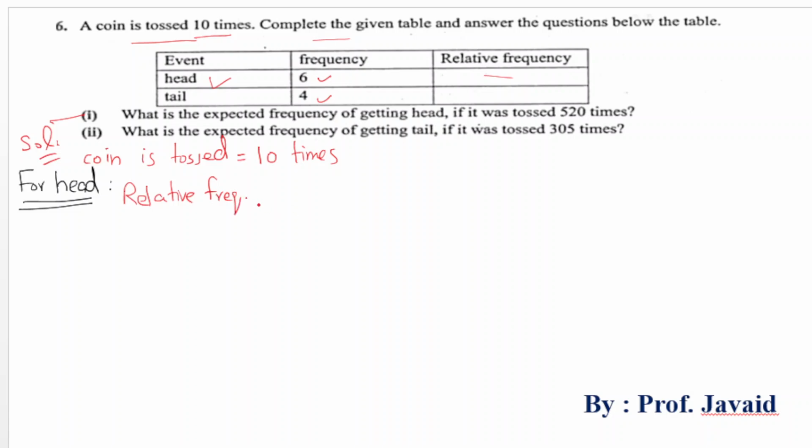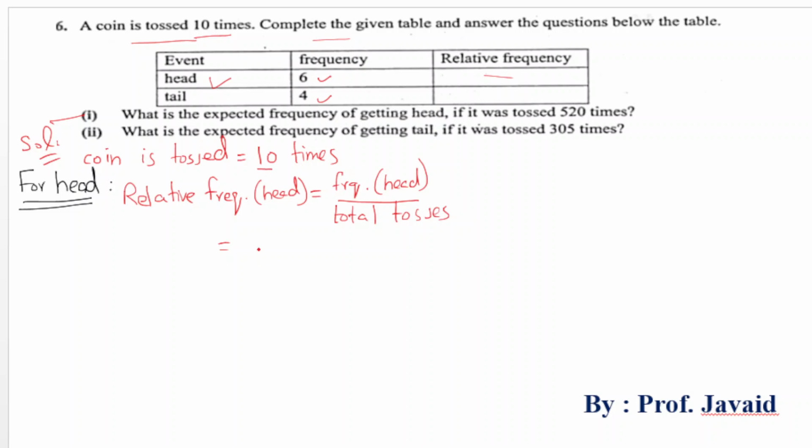Relative frequency for head is equal to the frequency of head divided by total tosses. The frequency of head you can see there is 6, and total tosses is 10, given to us.